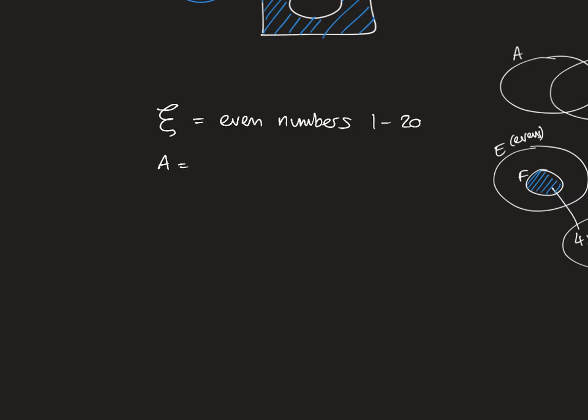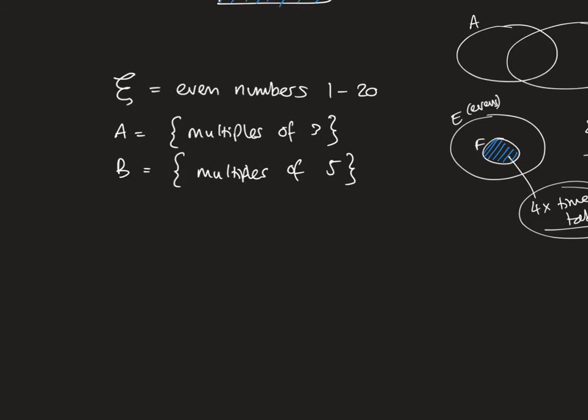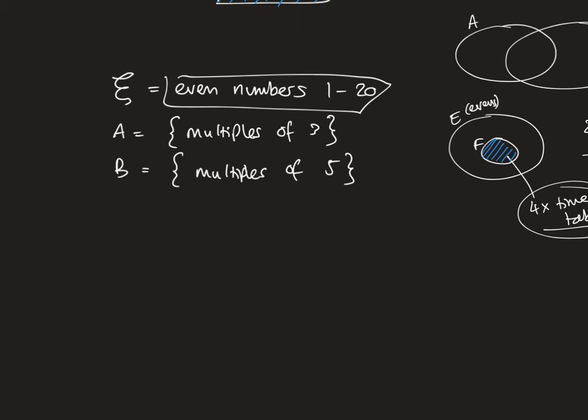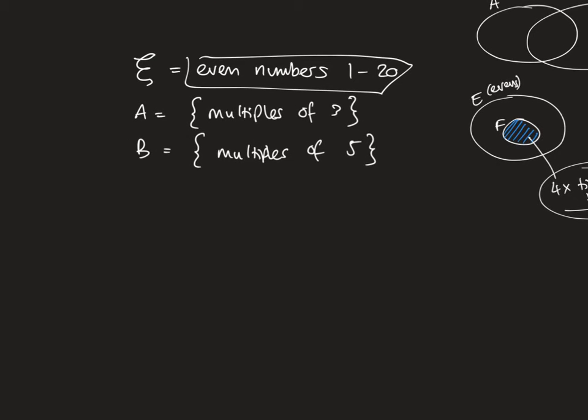And we're told that set A is multiples of 3, and that set B is multiples of 5 here. Now what can happen is people can miss this first part here. It's just saying they're even numbers from 1 to 20.